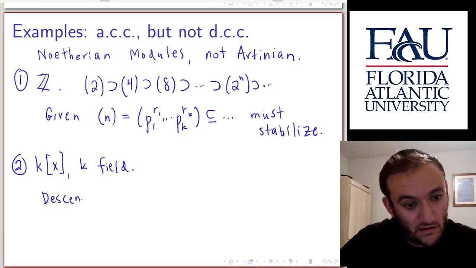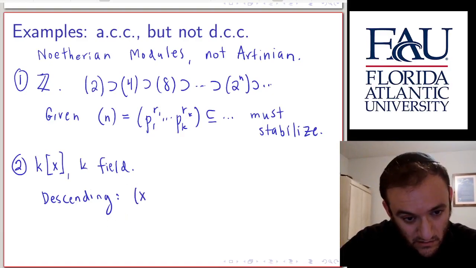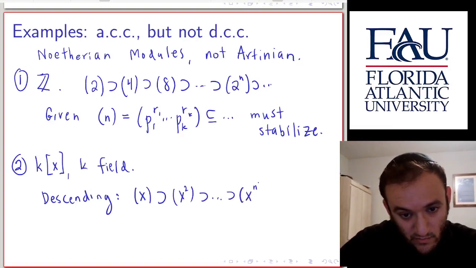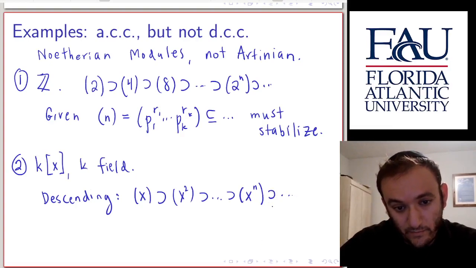Descending would be just any irreducible polynomial. It's as simple as x, let's say, and then that contains x squared, which contains all the subsequent ideals generated by powers of x. So this doesn't stabilize, or it's not stationary.